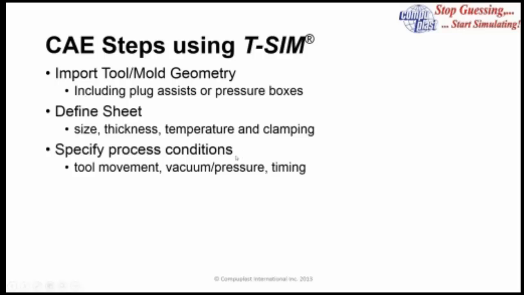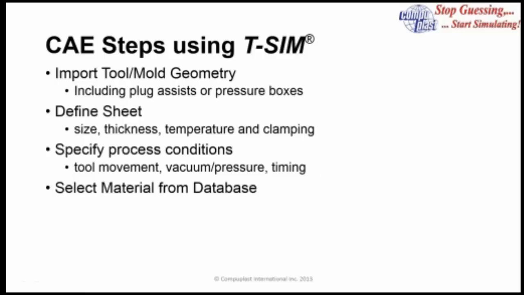Then we specify our process conditions, that is the tool movement, direction, speed, when the vacuum comes on or when the pressure comes on, and all the timing of all those things are specified within a spreadsheet type format, and that can be very, very well defined. Then we select the material from the database.